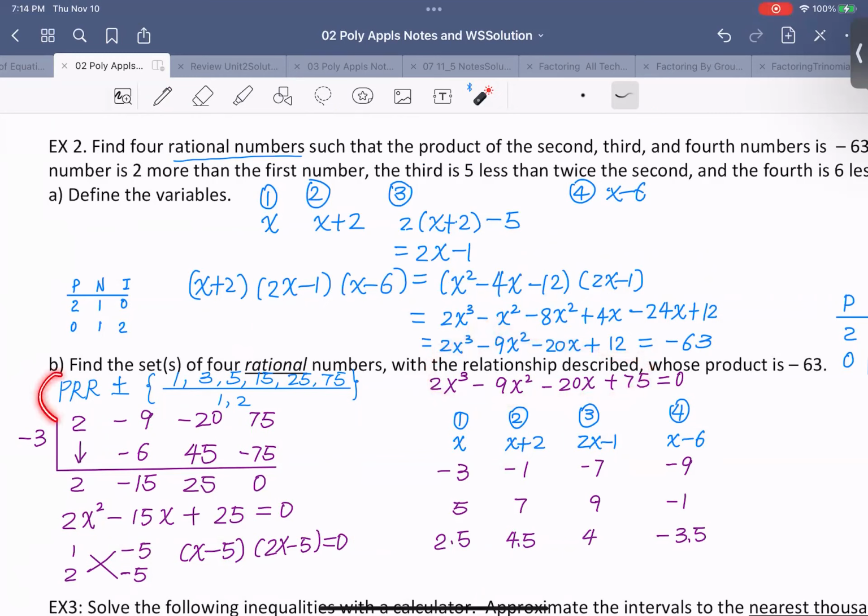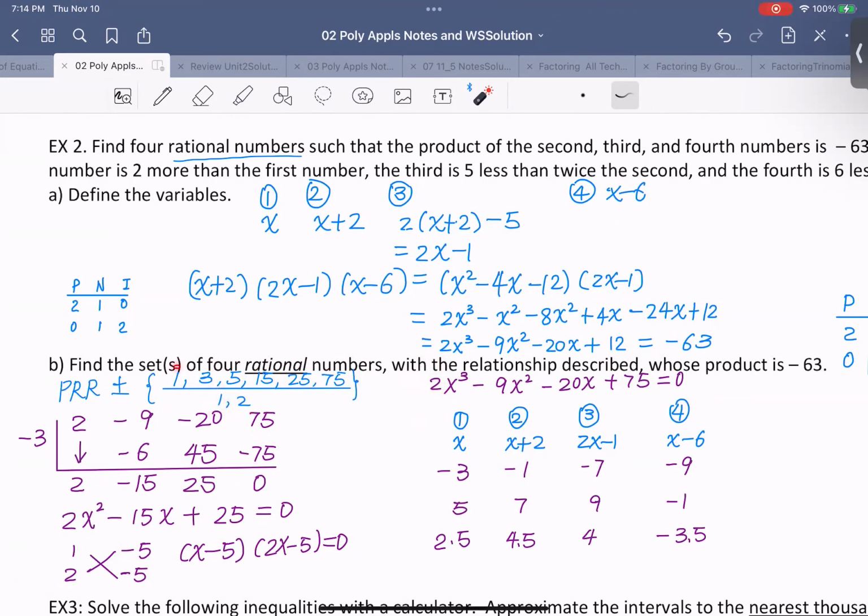So the rational root theorem is saying, look at the factors of the constant term. 75 is divisible by 1, by 3, by 5, by 15, by 25, by 75. And then the factors of the leading coefficient are 1, 2. You leave this in the denominator.